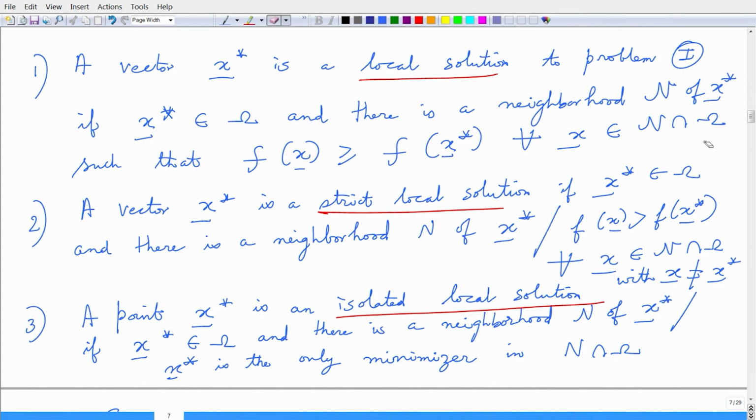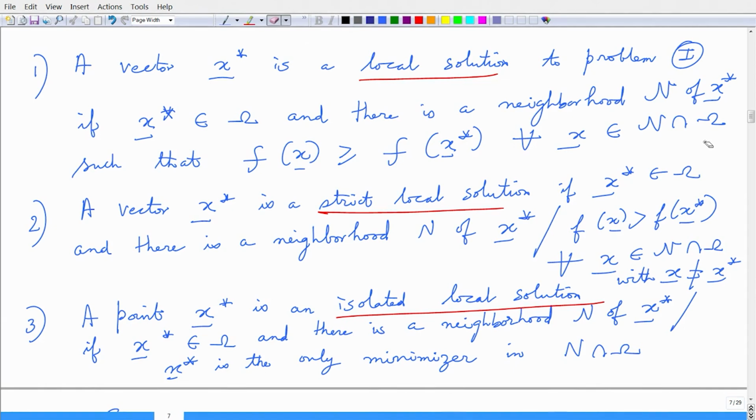A vector x star is a strict local solution if x star belongs to omega and there is a neighborhood n of x star such that f of x is strictly greater than f of x star for all x belonging to n intersection omega and x not equal to x star. I want to bring in the strict locality. Of course, we know at the point x star we are at minimum.